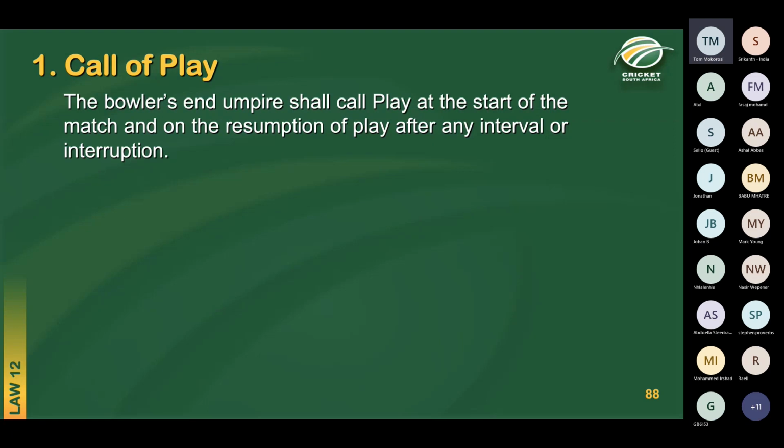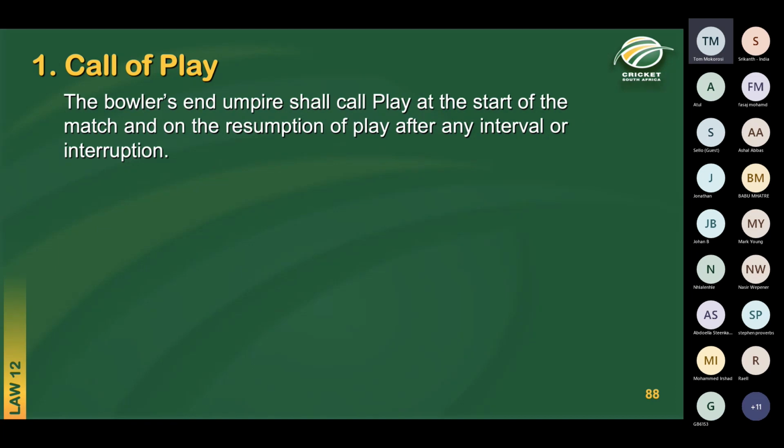And the law tells us that the bowler's end umpire shall call play at the start of the match and on resumption of play after any interval or interruption. So typically we don't ask everybody every time we resume play if they're ready. The scorers, at the start of every session we ask, and then typically the fielding captain you would also ask.